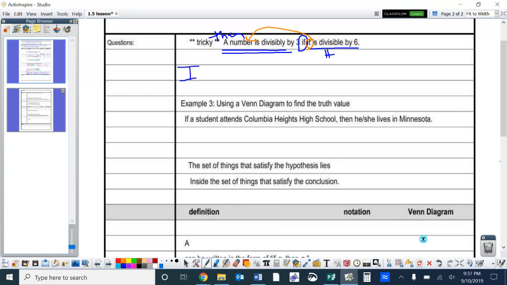So if a number is divisible by 6, then it is divisible by 3.